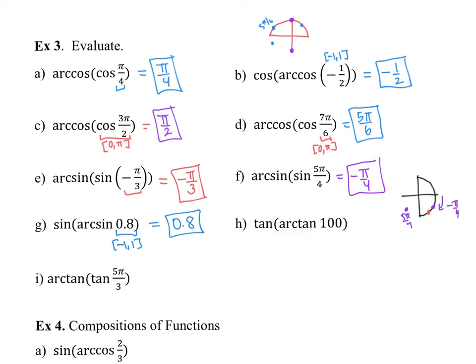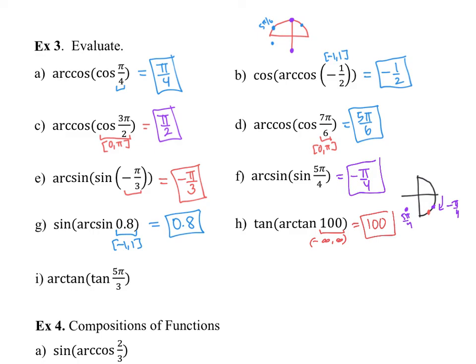Arctangent actually has a similar range as sine, so I'm going to use the same picture. Now our tangent of the arctangent of 100, that's not on the unit circle. The input for arctangent has to be between negative infinity and infinity, so that's acceptable. They should cancel each other out. That's fine.